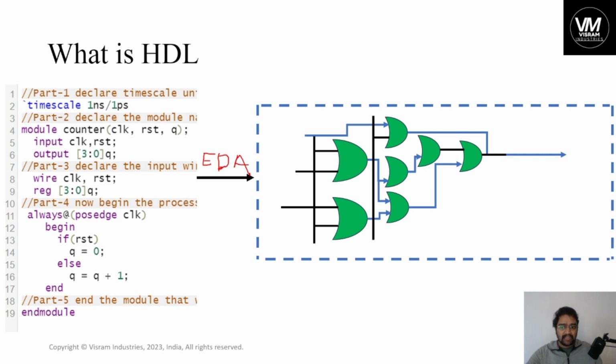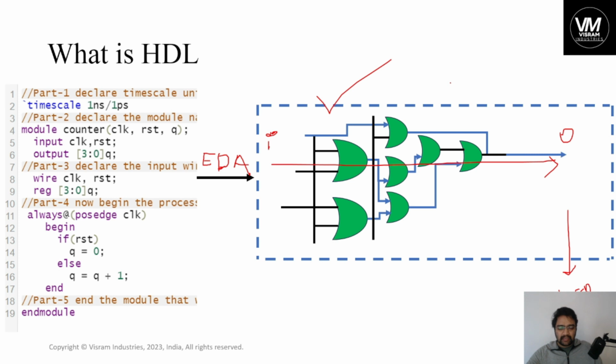Now I'm telling a counter, say this chip should work only for the counting part. So when I write HDL, all the logic cells are connected, and the data flows in this left to right direction from input to output, and processing happens. And then if it is connected to an LED, what is the output on the LED?